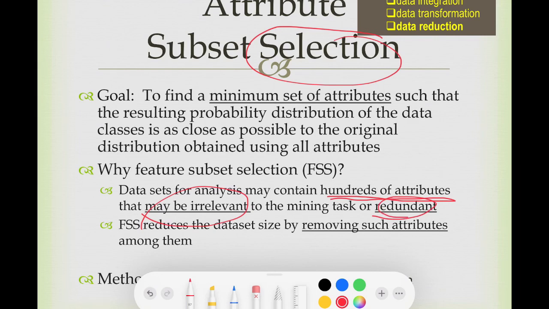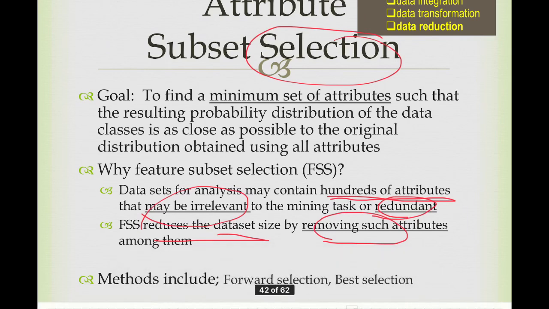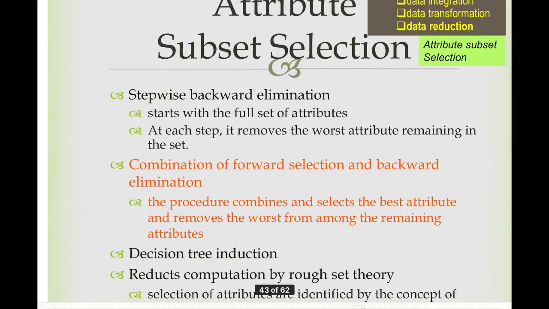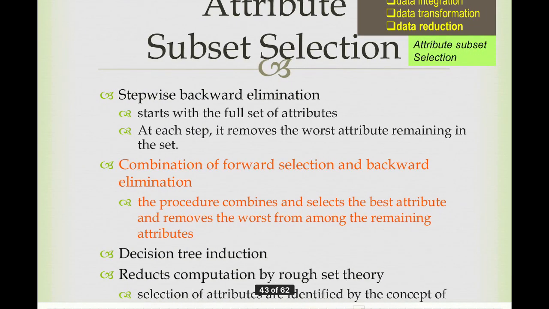Okay, so feature subset selection will reduce the data set by removing such attributes, and retain only the important attributes. So the methods would be forward selection and also backward selection. So there are a few methods here.